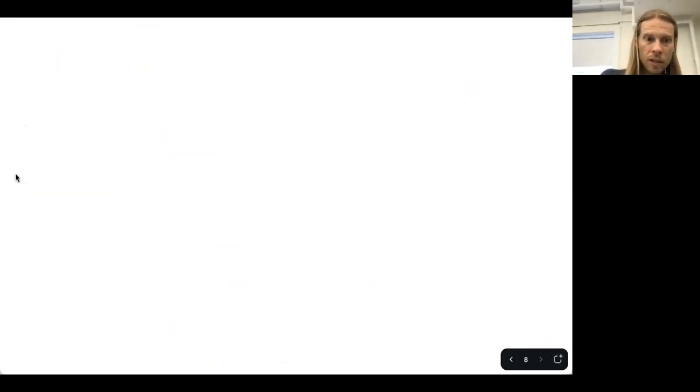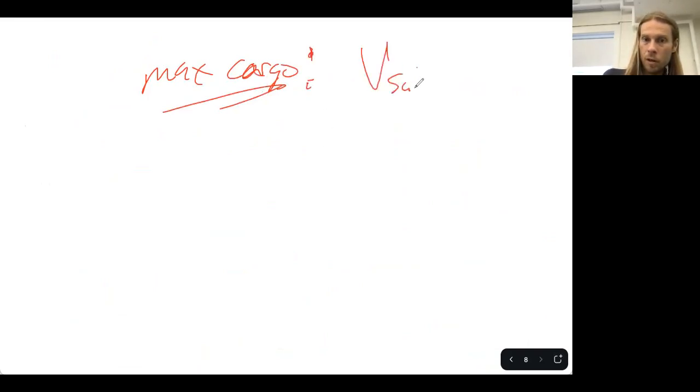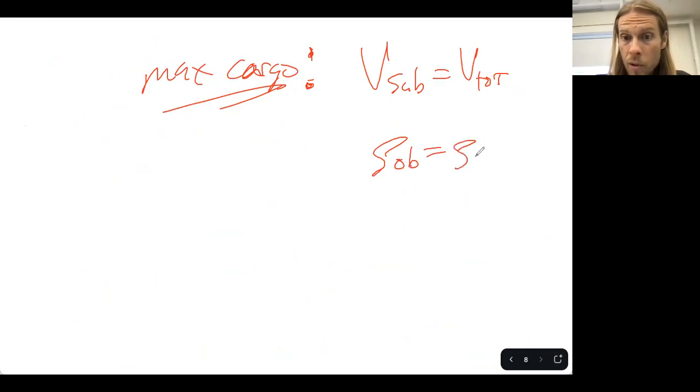So on the verge of sinking, so the maximum cargo something can hold is this. It's when V sub equals V total, right? And it's when the density of the object equals the density of water or the fluid.